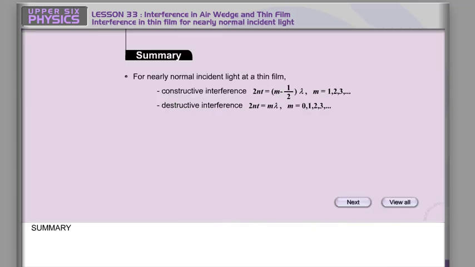Summary: for nearly normal incident light at a thin film, constructive interference: 2nt equals (m minus half) lambda, where m equals 1, 2, 3, etc. Destructive interference: 2nt equals m lambda, where m equals 0, 1, 2, 3, etc. The minimum thickness for a non-reflective coating is t equals lambda over 4n.